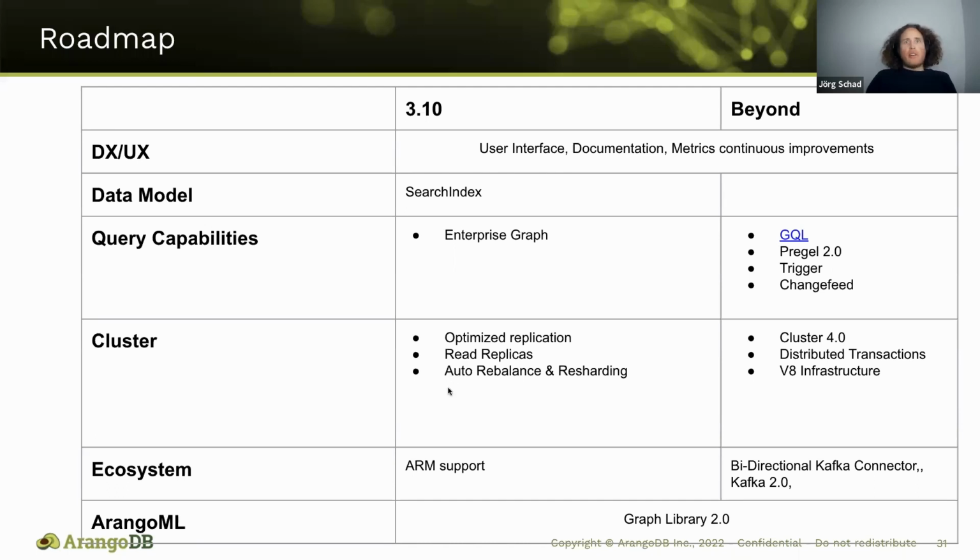Also, we are improving the auto rebalance. So if you have a lot of failovers, nodes might go, or you might increase your cluster size. And also the resharding features are coming up in 3.10. This will even be coupled with a first notion of topology awareness.